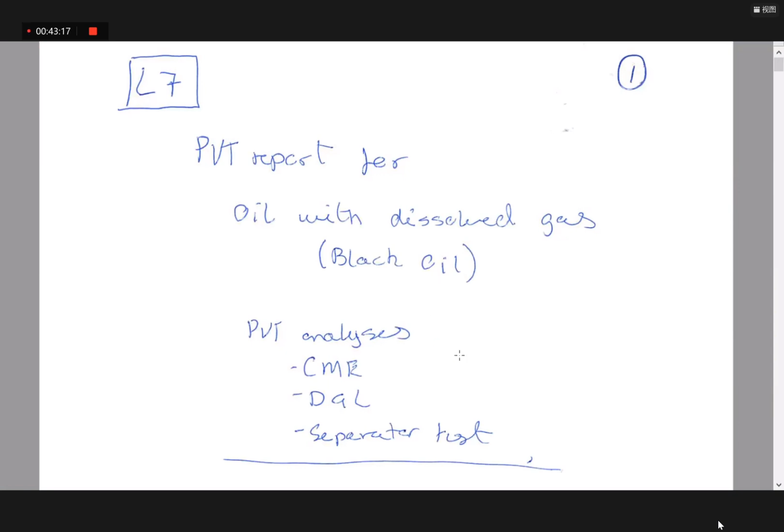So the PVT report here, we have a PVT analysis of the fluid. We are going to a constant mass expansion and a differential gas liberation, and there's also a separator test that we will look into. So a little bit different type of analysis that's typically done on oil with dissolved gas compared to gas condensate.